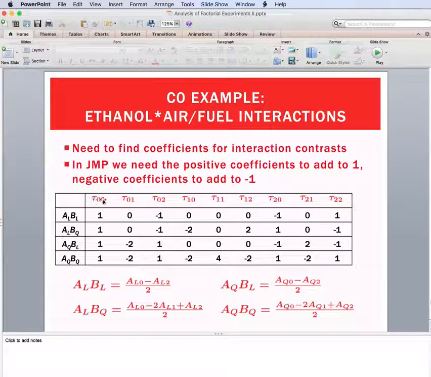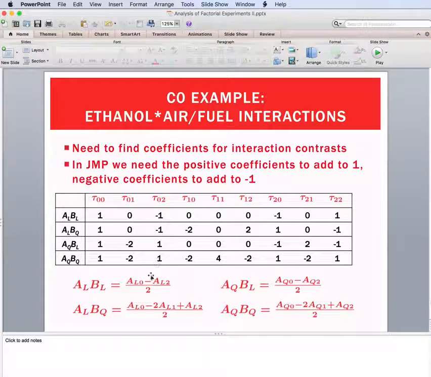Notice also that this is the same thing as comparing the linear effect of B at the 0th level of A and comparing that to the linear effect of B at the third level of A. So that's actually an easier way to think about it when you're writing these contrasts. So it starts out fairly simple until you get down to the A quadratic, B quadratic. It does get a little bit more complicated, but if you look at any one of these settings, so if you group these by 3, 3, and 3, you do see some structure in how these are being constructed.